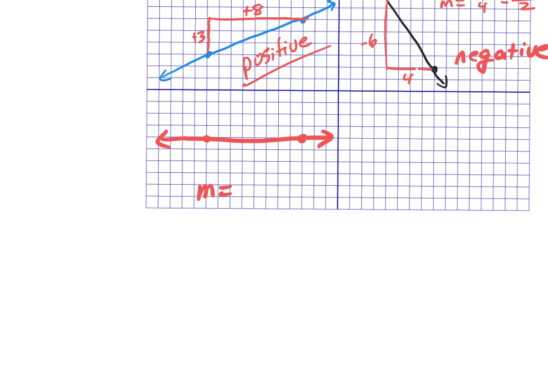My rise is 0. And my run, it really doesn't matter. In this case, if I was going to go from the 2 points that I made here, 1, 2, 3, 4, 5, 6, 7, 8, but it really doesn't matter what's on bottom because 0 divided by anything would still be 0. So a horizontal line will always have a slope of 0 every time.